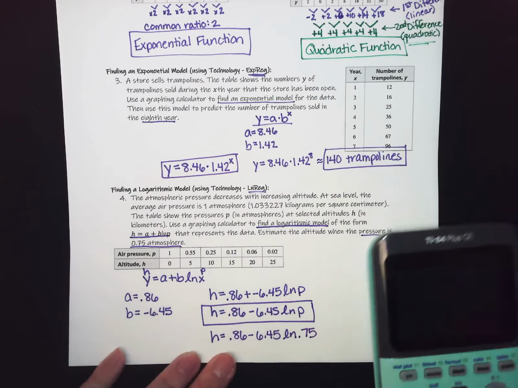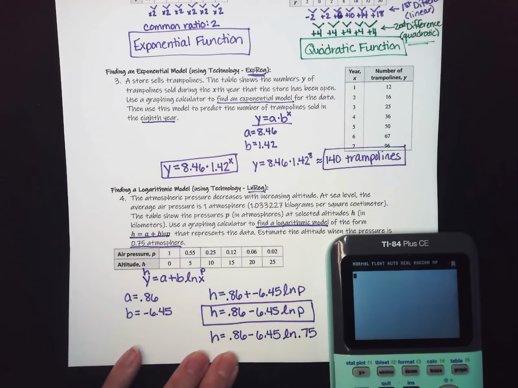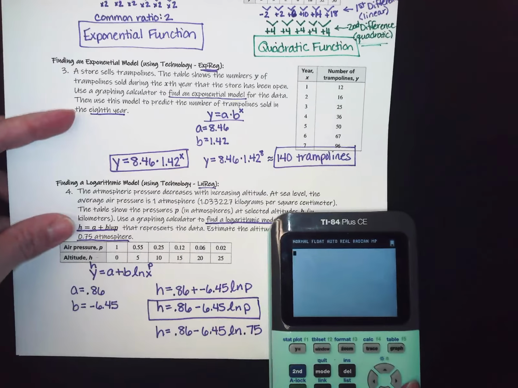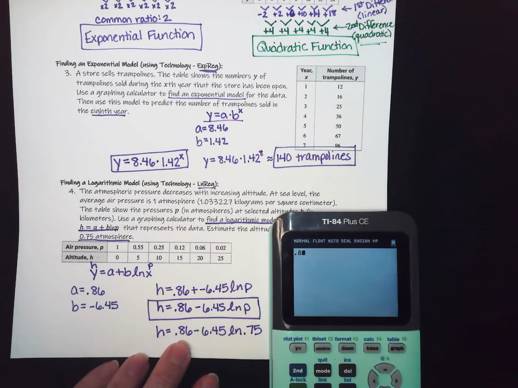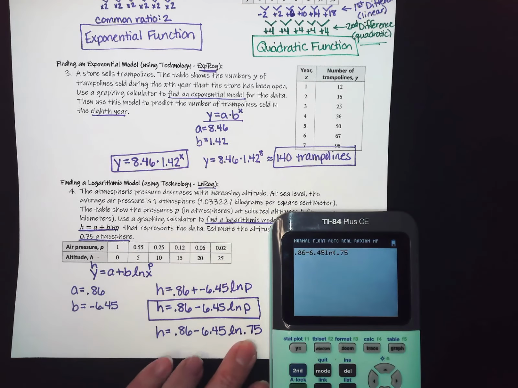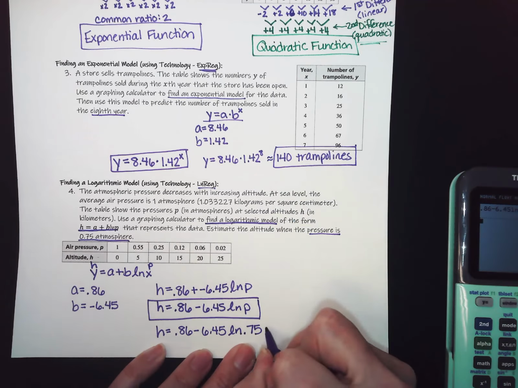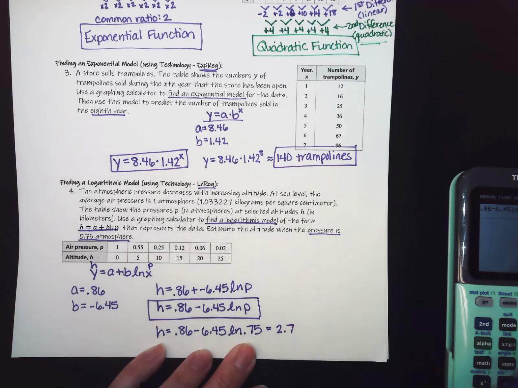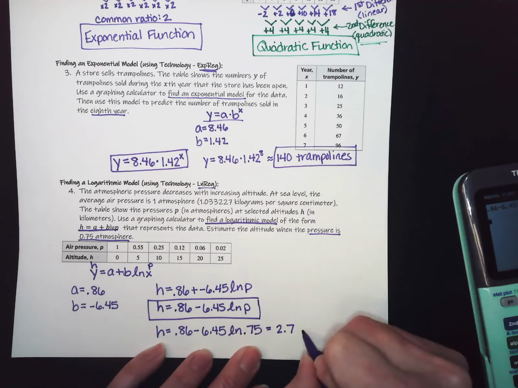And I'm going to just type that in my calculator the way I have it written. And I'm going to scoot things over so you can see it. Here we go. So 0.86 minus 6.45 natural log of 0.75. Enter. Okay. And then I'm just going to estimate to 0.7. Okay. And this is kilometers.